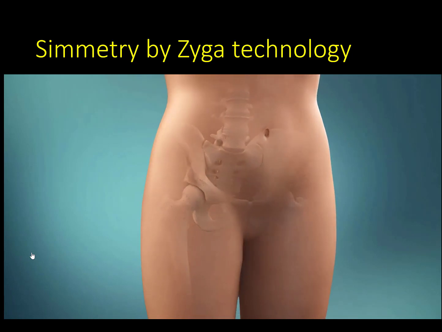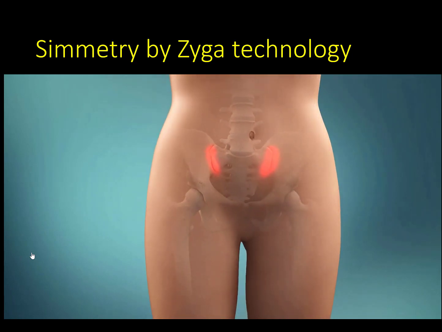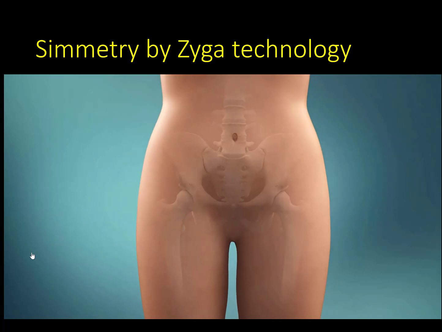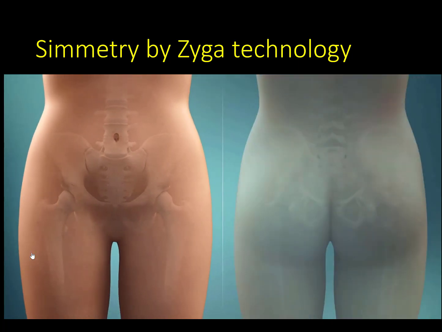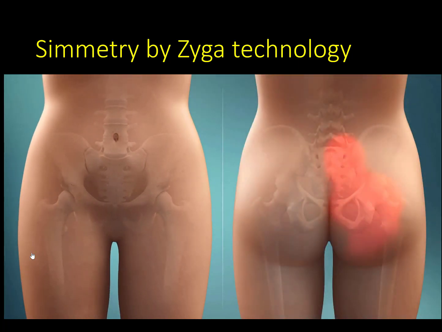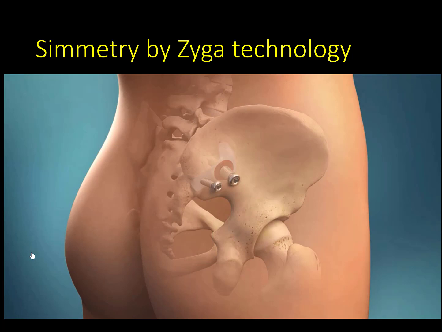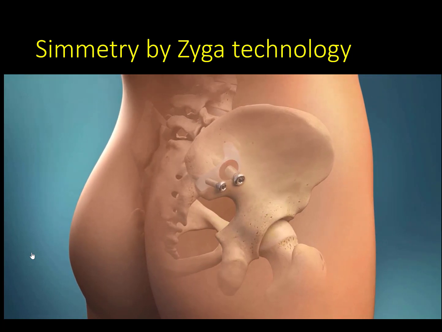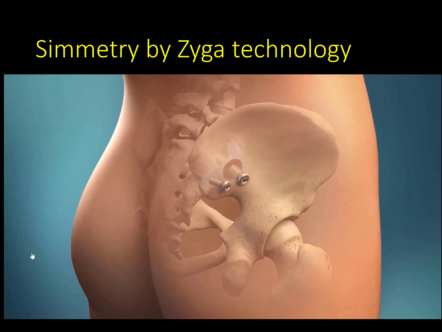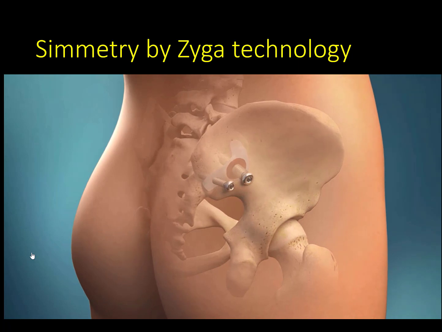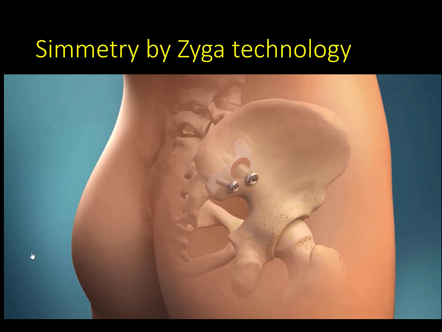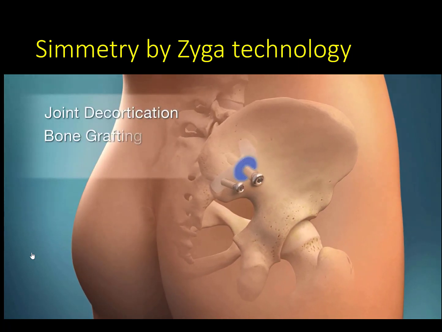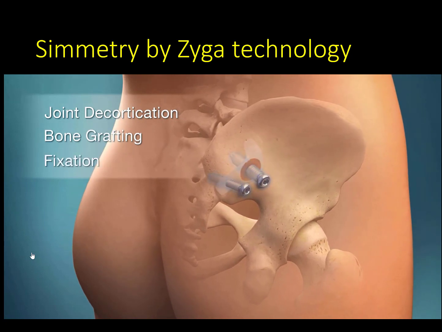Approximately 20% of chronic low back pain originates in the sacroiliac joint. But because SI joint dysfunction can mimic other etiologies, with pain presenting in the low back, buttocks, down the leg, and sometimes in the groin, it is often overlooked. The Symmetry Sacroiliac Joint Fusion System is the minimally invasive surgical treatment founded on proven orthopedic principles of joint decortication, bone grafting, and fixation.